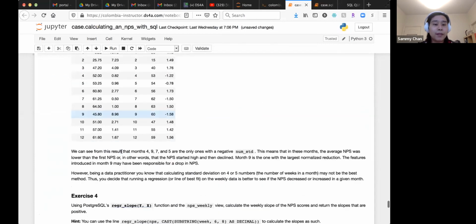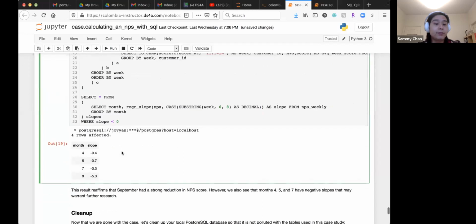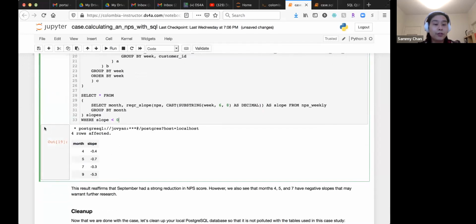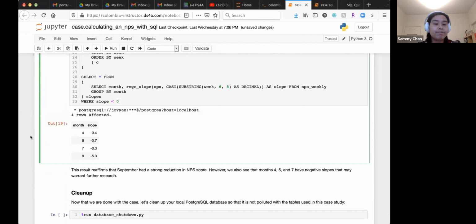So that might also be some useful information for the analysis team, as we see why we wouldn't care about April and May as much as September, because even though the slope was negative, these were fairly flat decreasing slopes. But for September, the slope is very steep.